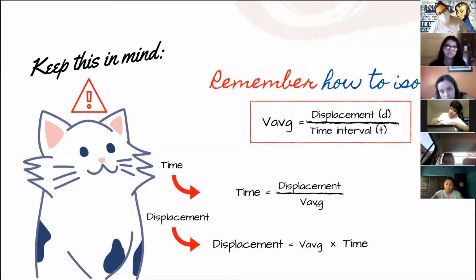If you want to isolate displacement, I mean, if the problem gives you the velocity and the time, the equation that you have to use is the one below that says average velocity times the time.